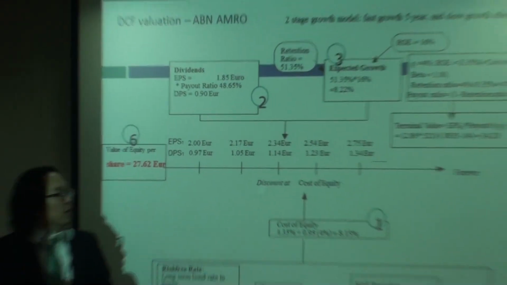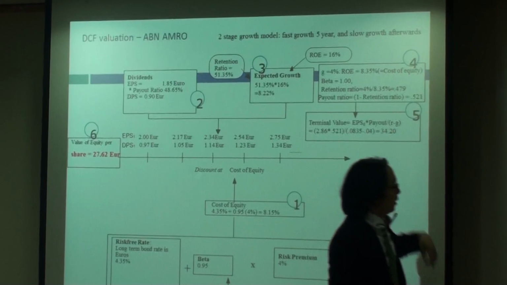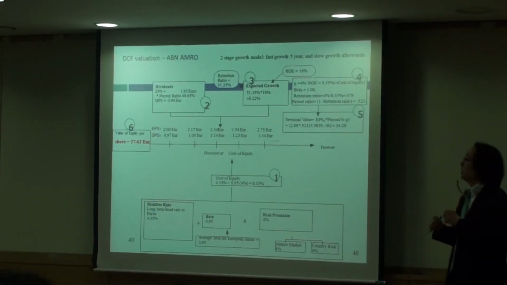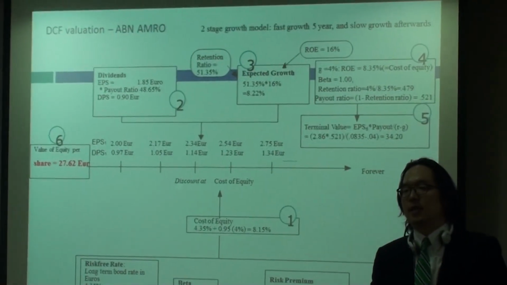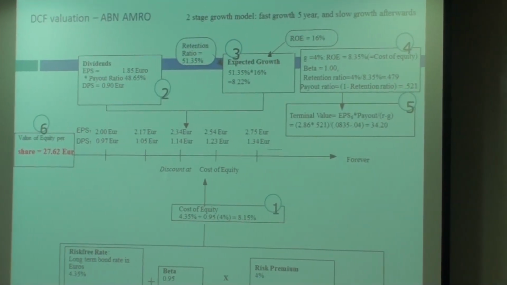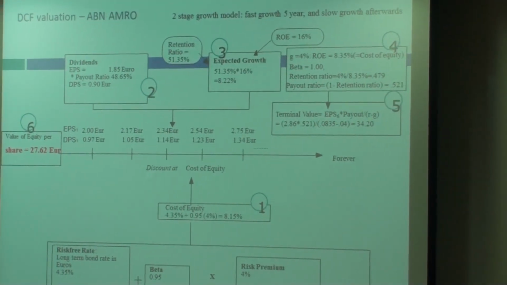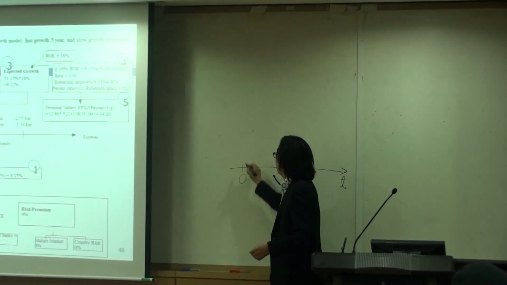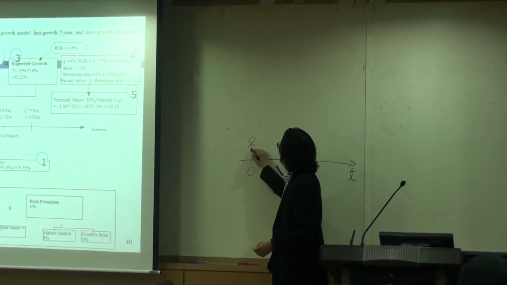And then at some point, you will assume that your cash flow will stop growing fast and stabilize somehow. Typically, people come up with this kind of timeline of your cash flow. Time 0, you are standing over here.